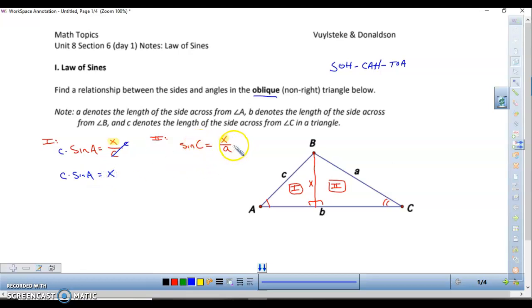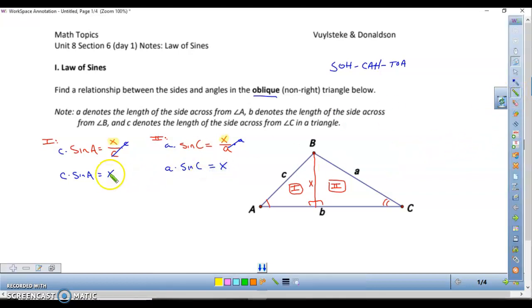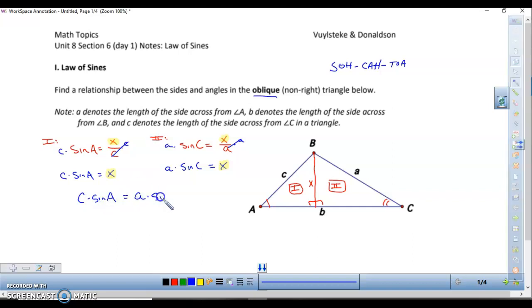Over here, I'm going to multiply both sides by a, cancel out my a's, and I will get a times the sine of C is equal to x. Now, if both of these things equal x, they must be equal to each other. So c times the sine of A must be equal to a times the sine of C. And so I've established a relationship in this triangle without using x at all.